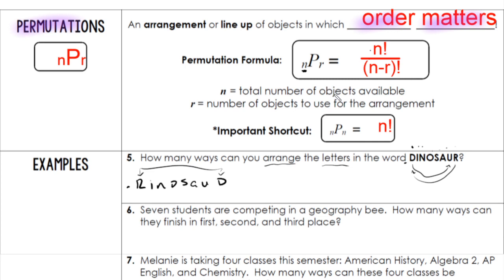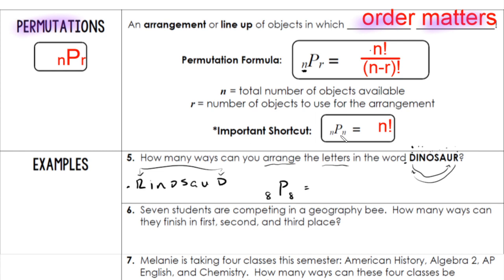So in our dinosaur case, there are 1, 2, 3, 4, 5, 6, 7, 8 letters. So n is 8. And then it's a permutation because the order matters. And r is the number of objects we're using. So how many letters are we making the new word with? We're rearranging all the letters, so it's going to be 8 again.